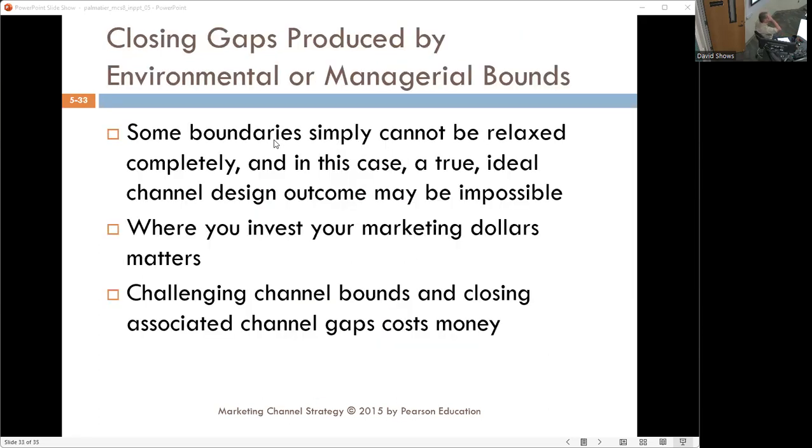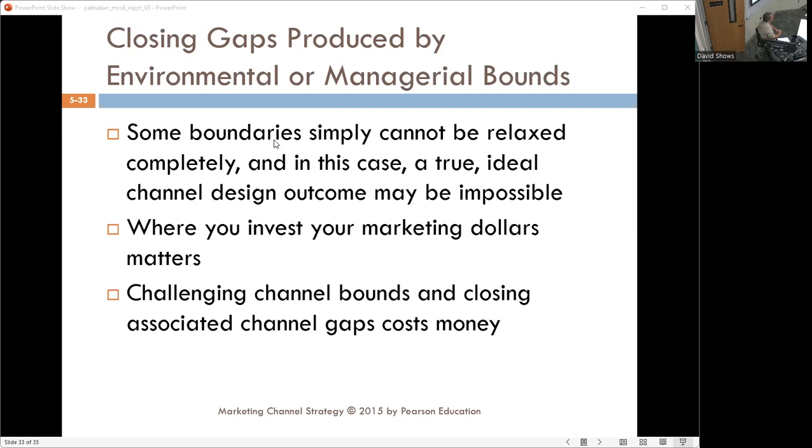Excuse me, two more slides, I forgot. Just realize that some boundaries can never be crossed. Environmental and managerial bounds many times just simply can't be changed.